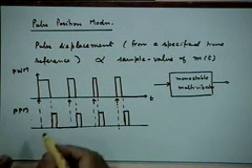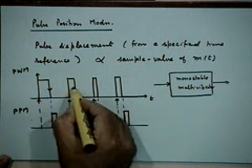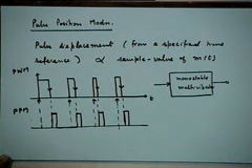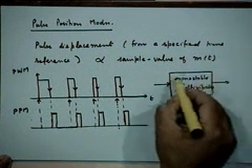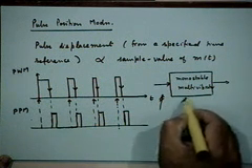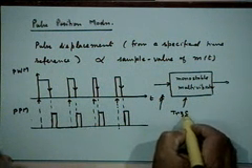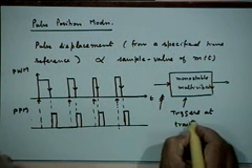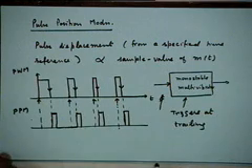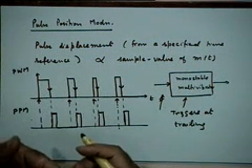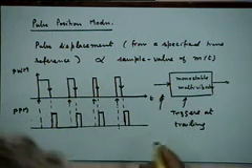And where should the trigger come? It should come at the trailing edge of the PWM pulses, right? So basically, you need a monostable multivibrator which triggers at trailing edges. You can always design monostables which trigger at the leading edge, or monostables which trigger at the trailing edge.